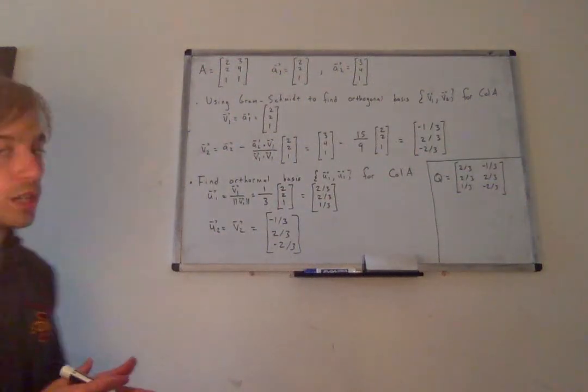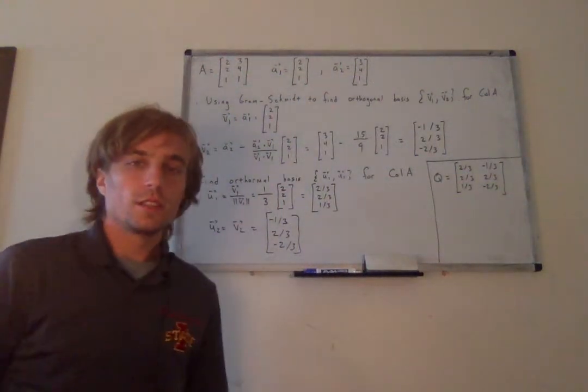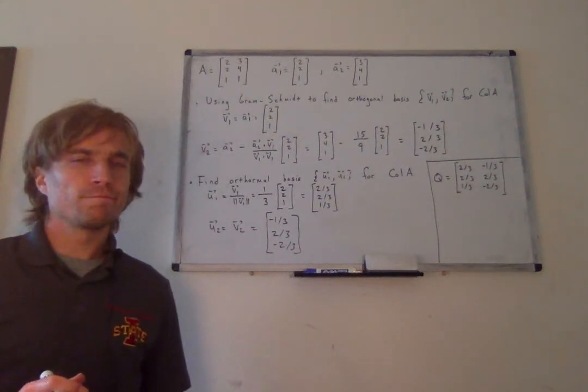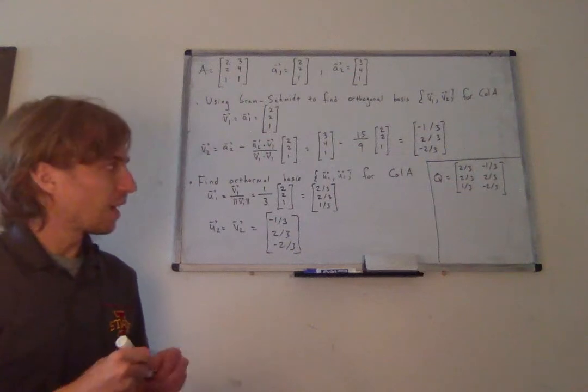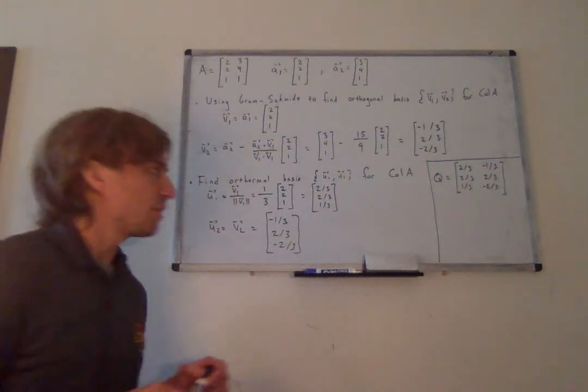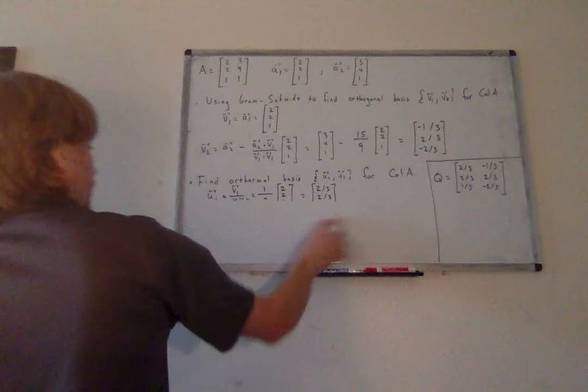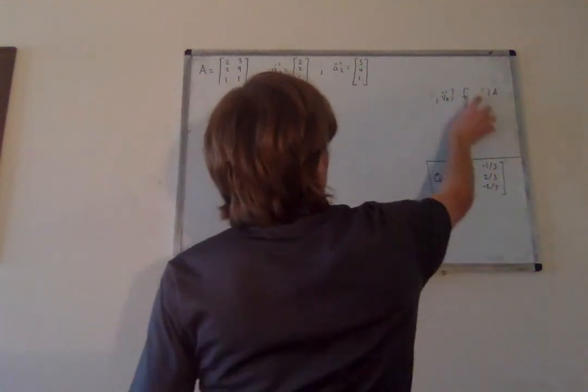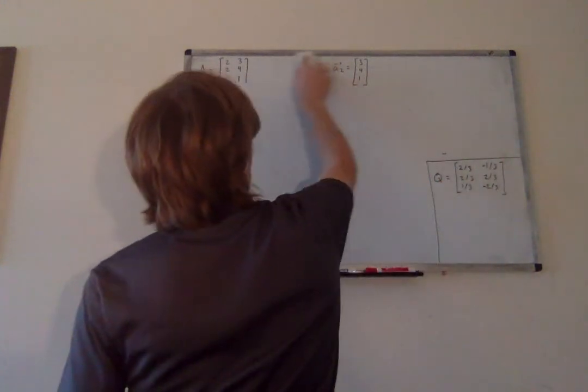All right, so step one in the process your book recommends to minimize errors. I don't like all those fractions. At least for me, fractions are just a calling to make errors.